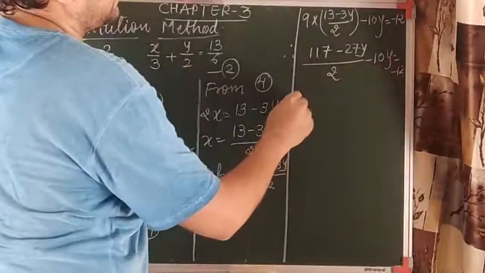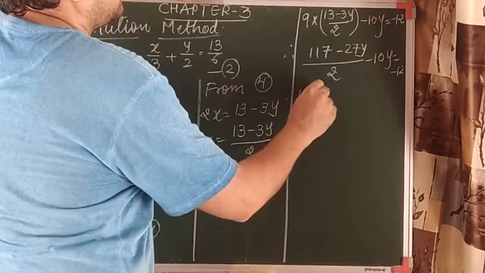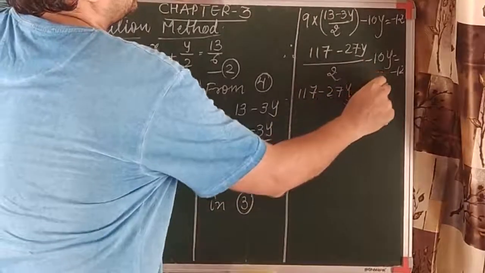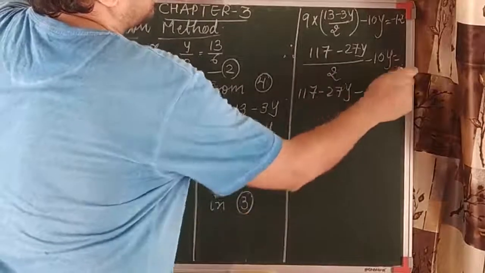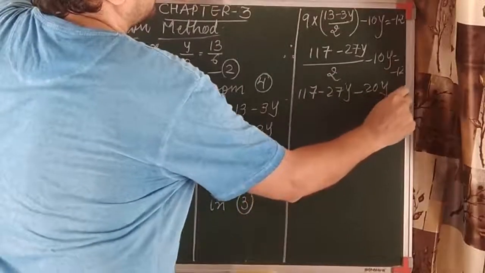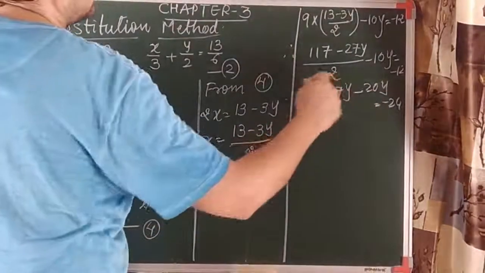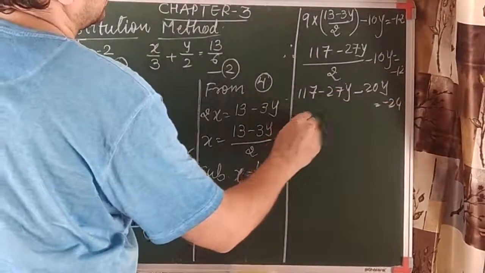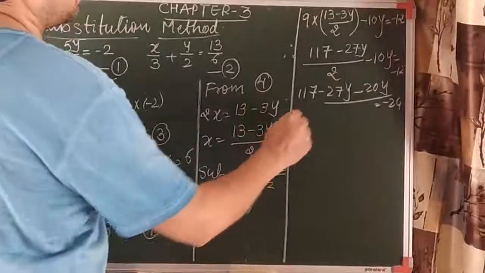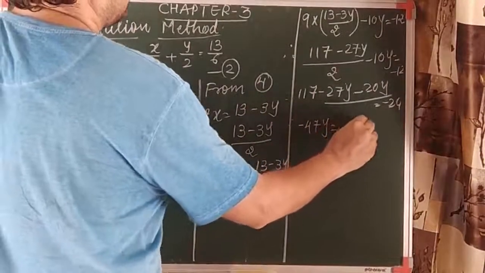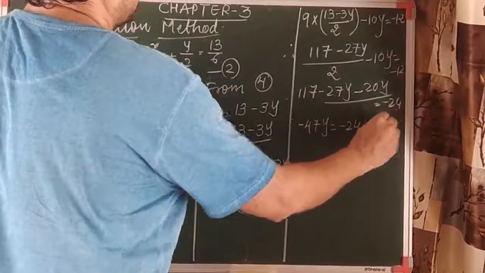Let's take 2 as the LCM. So 117 minus 27y, 2 should multiply here to give 20y, and 2 I have taken to the right hand side, minus 24. Now you can see that we have two variables here. I'll take 117 to the right hand side. This becomes addition. Minus 47y is equal to minus 24 minus 117.